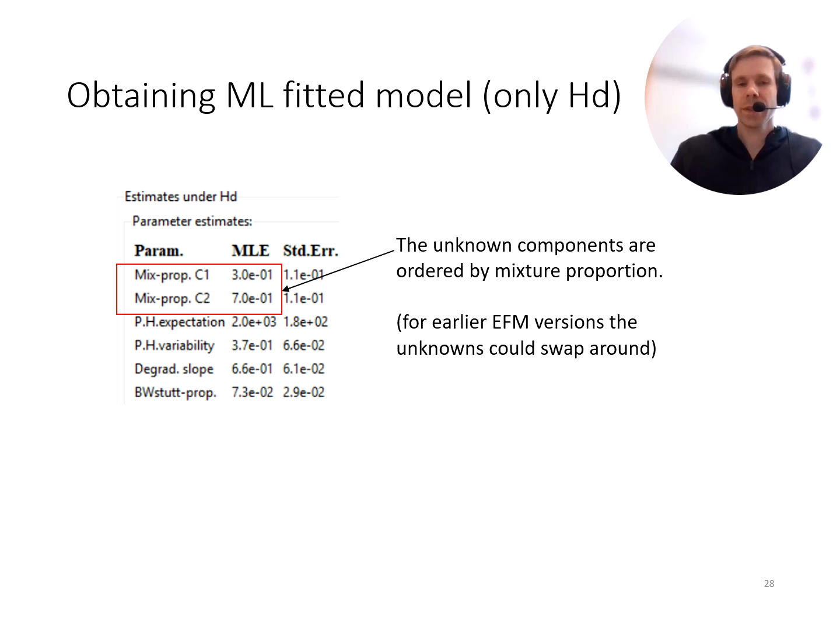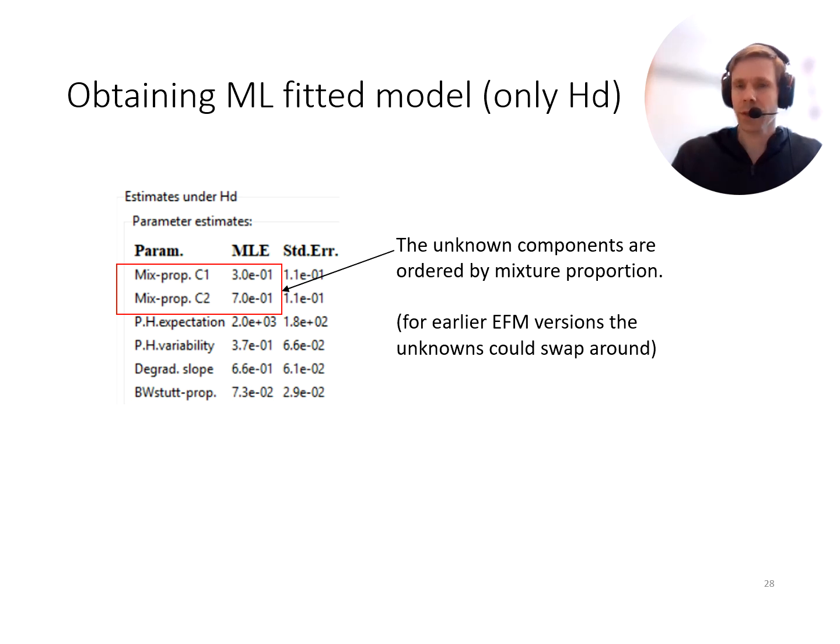Notice that the arrangement of which one is C1 and C2, regarding the values of mixture proportion, is given in an ordered manner in this version. But notice that in earlier EFM versions, these could swap around.